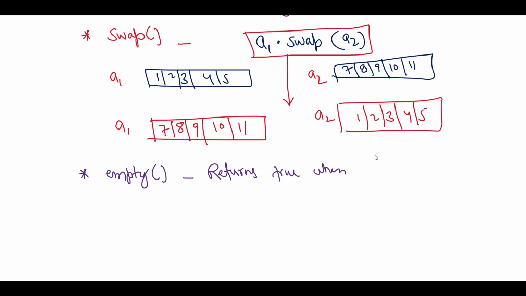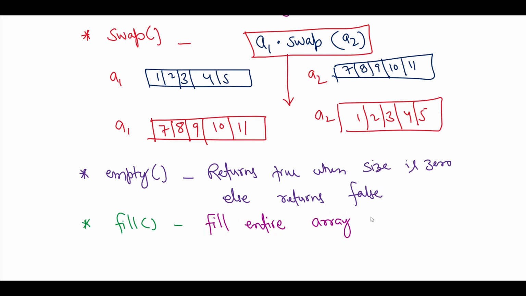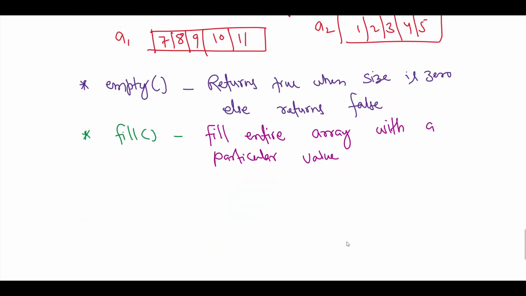Now coming to some more functions, there is a function empty. So this function is going to return true when size is 0, otherwise it will return false. One more function that array has is the fill function, and this will fill an entire array with a particular value. So what we have to do, you have to just use this kind of function.